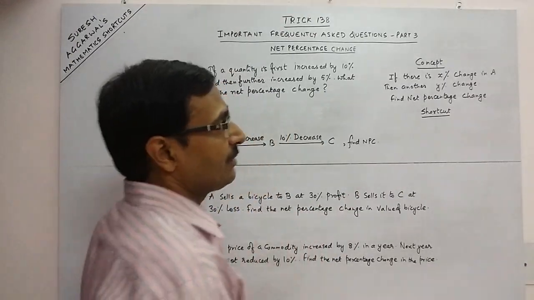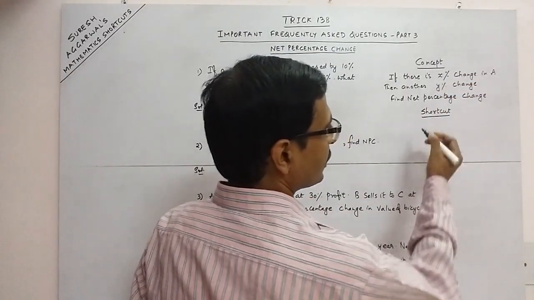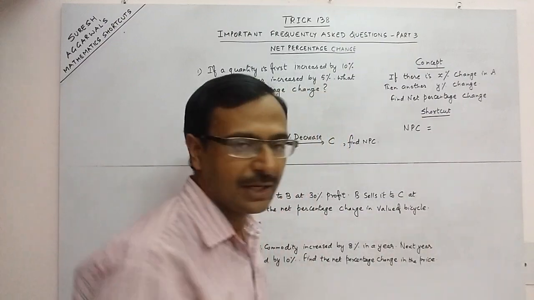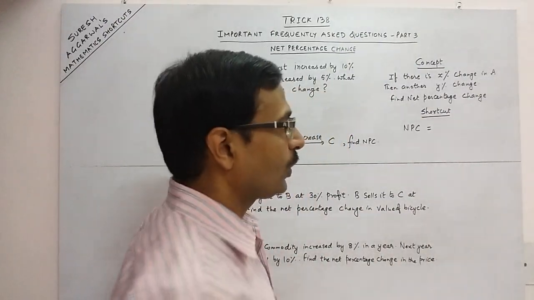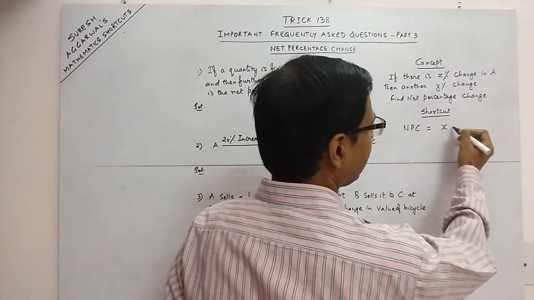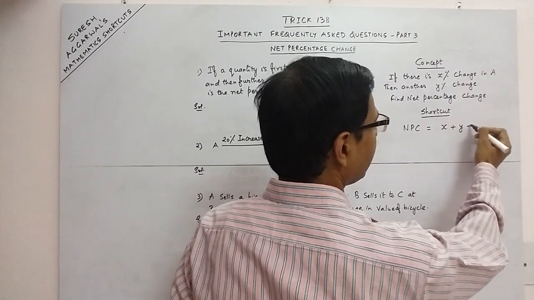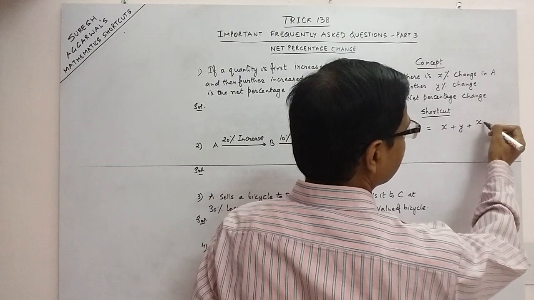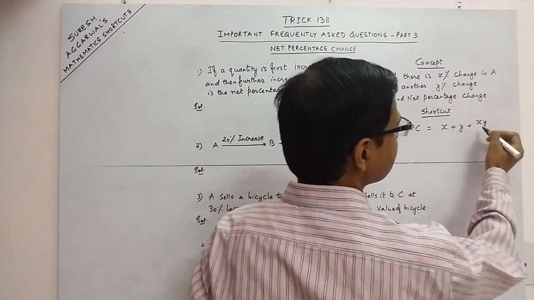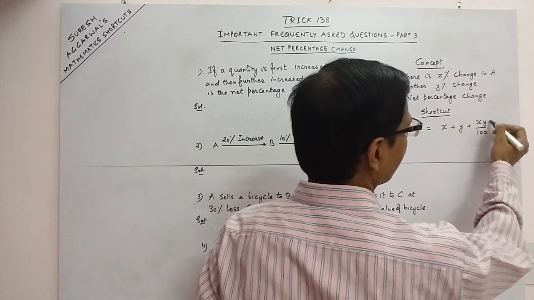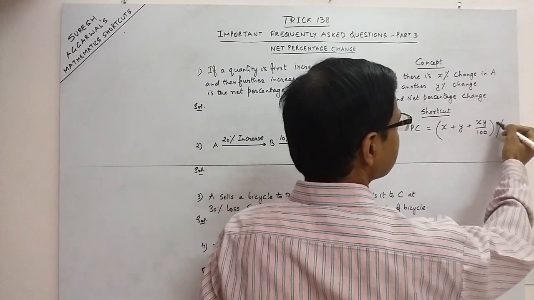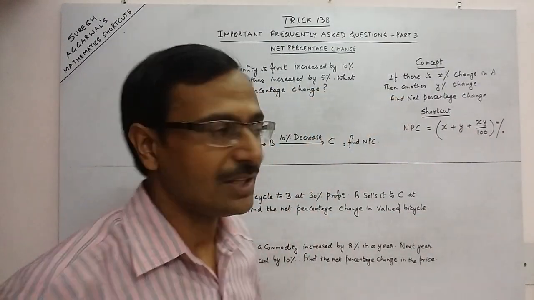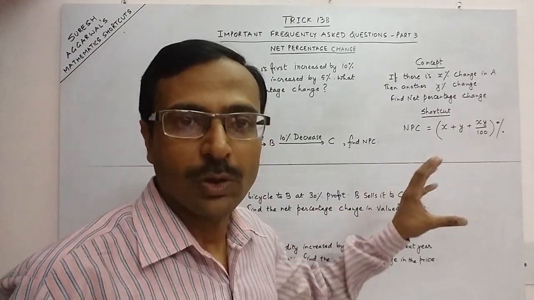Say we have two percentages, x and y. The net percentage change in the value can be obtained by adding the two percentages and adding yet another quantity, by taking the product of the two changes and dividing it by 100. Now this percent will be the net percentage change in the value of the commodity.